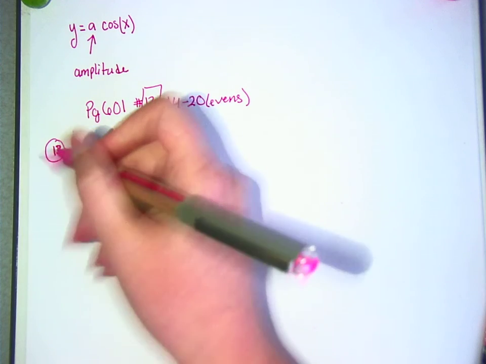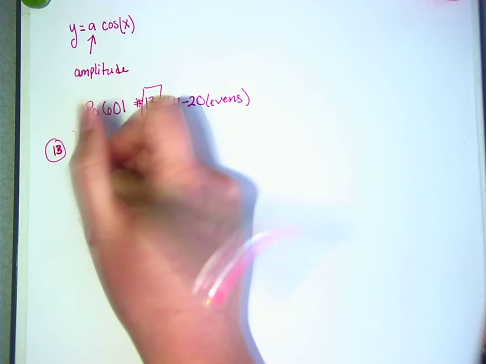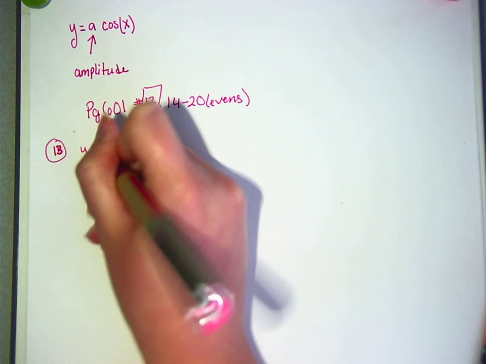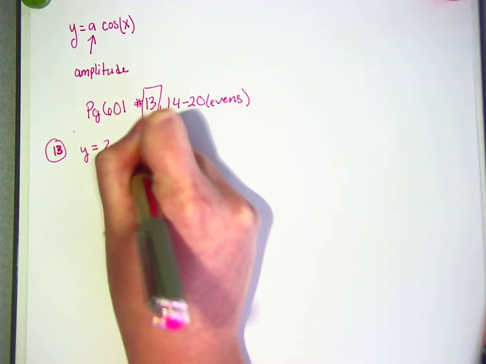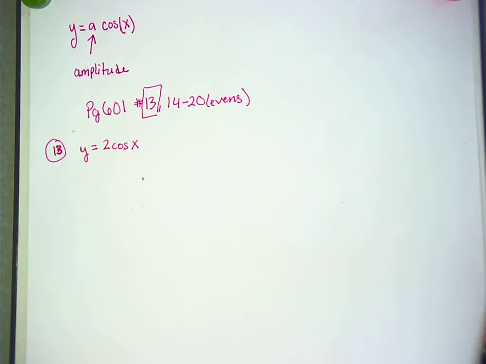Okay, problem 13 gives us the equation y equals 2 cosine x. And it asks us to graph the function over the interval from negative 2 pi to positive 2 pi. And we're gonna change those directions and make it just one period that you have to graph.